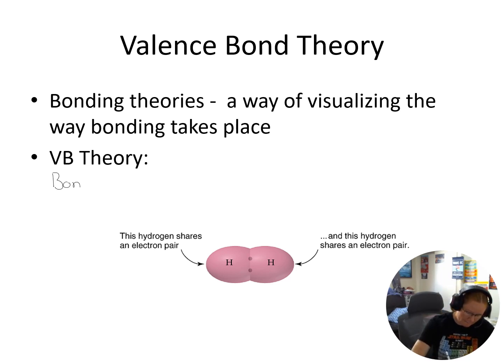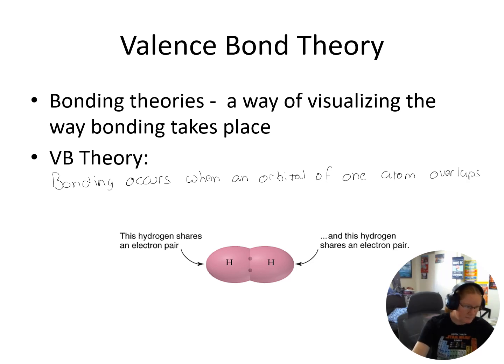Bonding occurs when an orbital of one atom overlaps with the orbital of another.